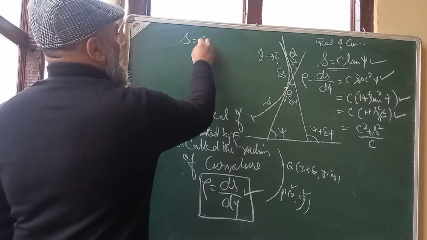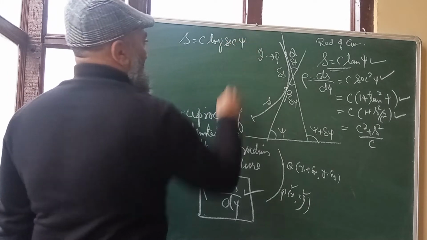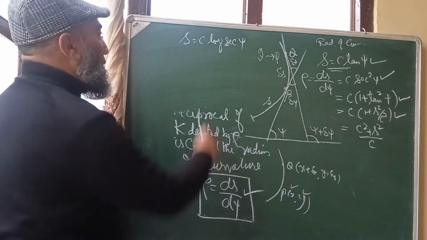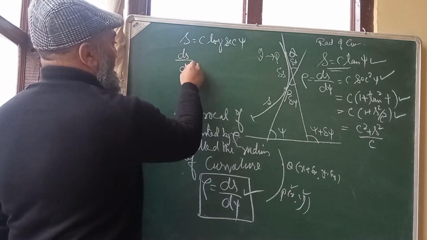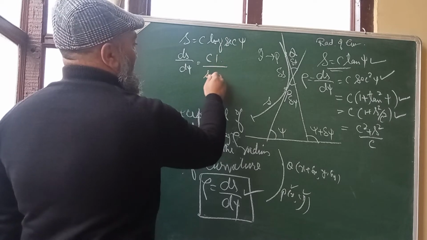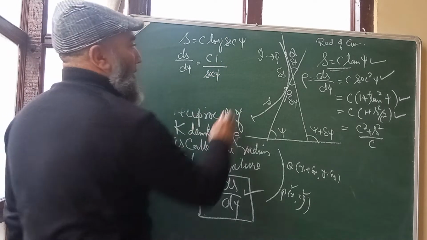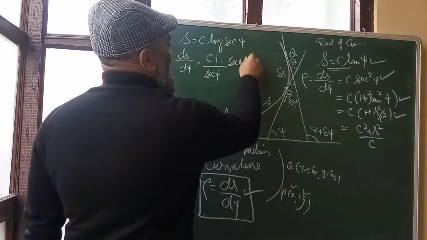s equals c log of secant psi. Find the radius of curvature. So let me differentiate with respect to psi. ds by d psi is c, log of the function, 1 by function, secant psi, then derivative of secant psi, tan psi.